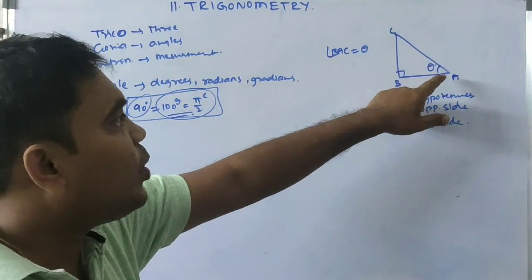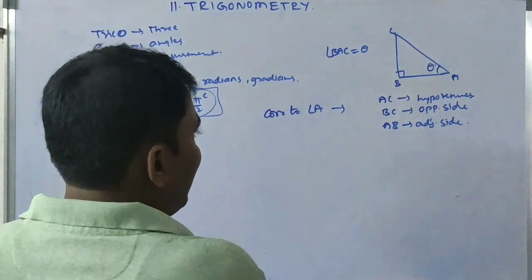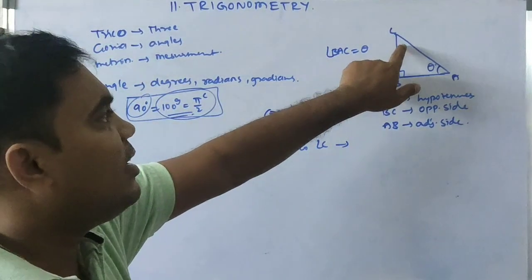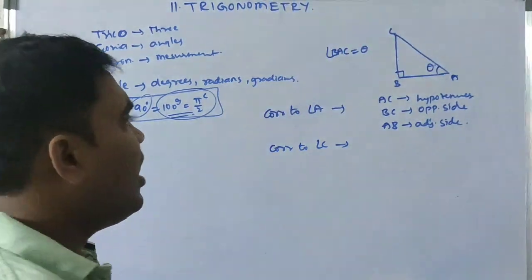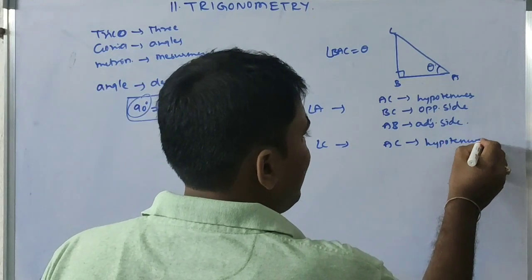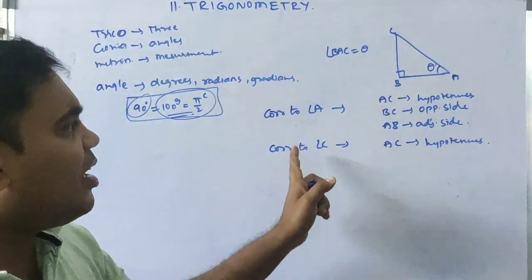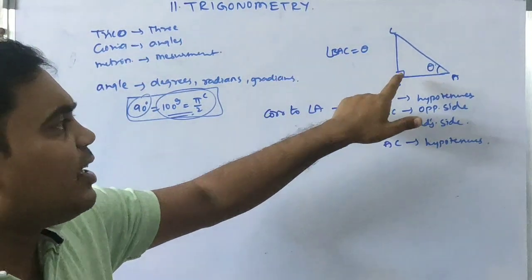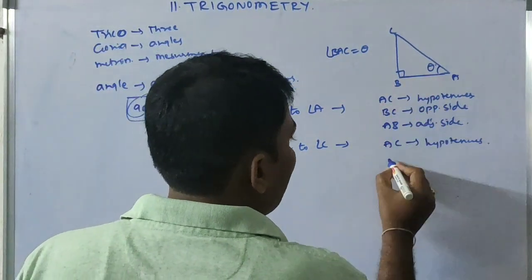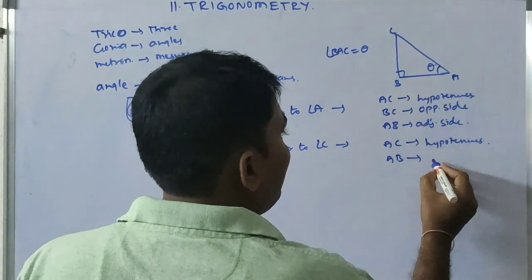Okay. So this is with respect to angle A. Now if we take angle C, the hypotenuse won't change. AC is always the hypotenuse, because the side opposite to the right angle is called the hypotenuse, whether with respect to angle C or angle A. Here AB is opposite to angle C, so AB is the opposite side.